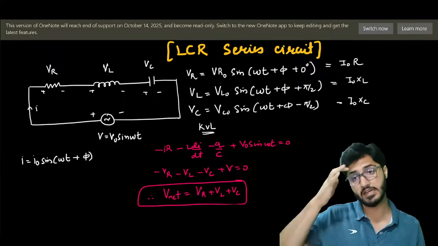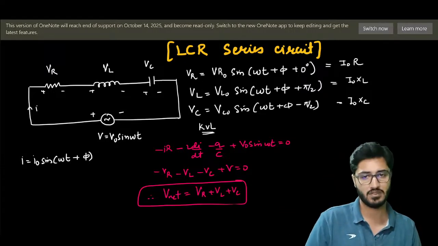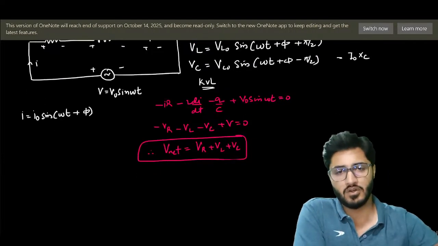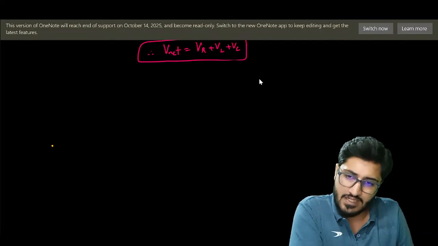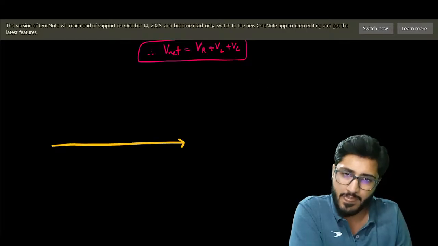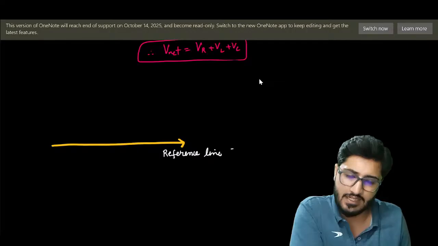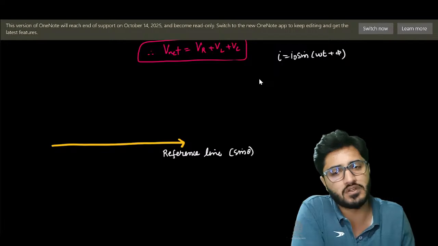Just make a graph of all these things in your mind. Why? Because now I will deal with the phasors. Okay, how, sir? Look now. Let us take a reference line. If this line is my reference line, which is the sine line, we assume I equals I naught sine omega t plus phi.